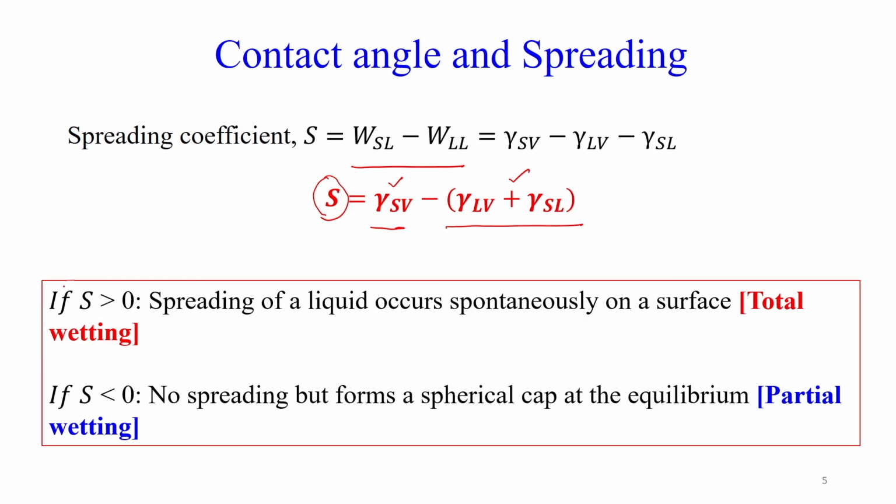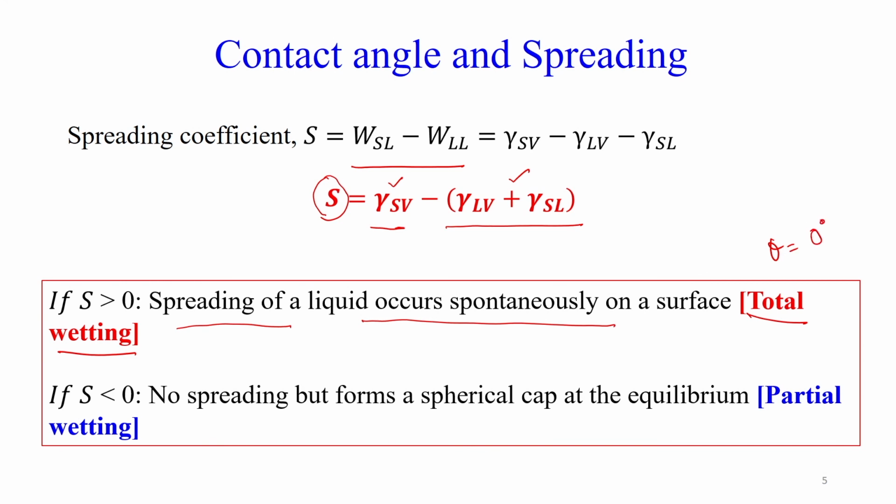So, if gamma solid vapor is greater than the second term, then the spreading coefficient will be positive. In this case, we observe spreading, it means the liquid spontaneously spreads on the surface, and we call this phenomenon total wetting. It means the solid surface is totally wetted by the liquid. In this case, we will not observe the contact angle phenomenon, or you can say the contact angle is 0, which means it is total wetting.